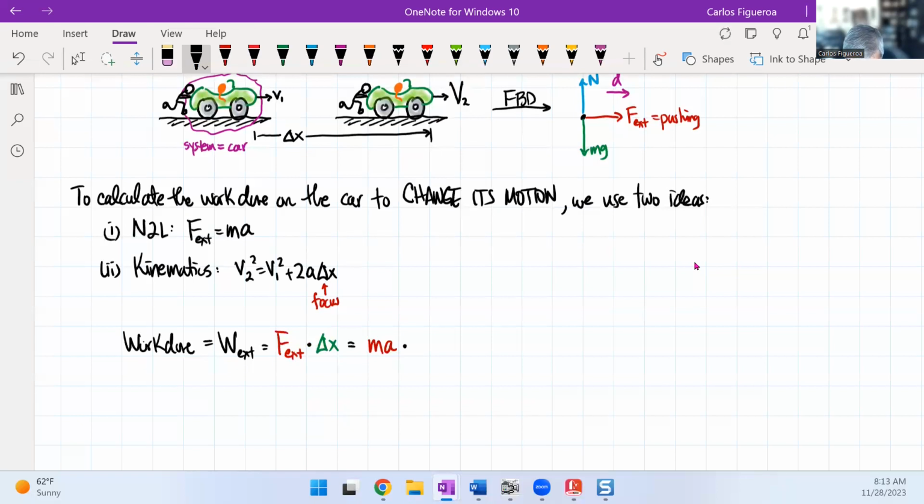If I do that, I get v2 squared minus v1 squared, and 2a in the denominator. The accelerations cancel out, so we can rearrange this to read like that. This is the expression for the external work.